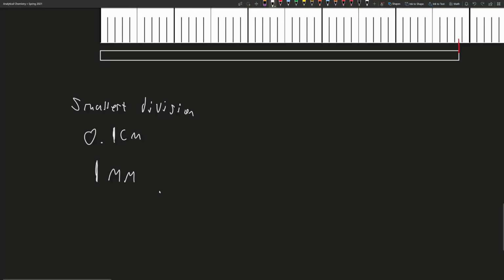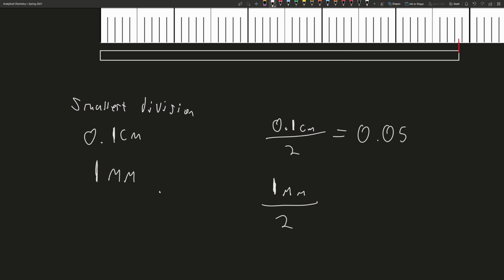Back to this. And let's say we have 0.1 centimeters. We're going to divide it by 2. And we have 1 millimeter. And we're also going to divide it by 2. We get 0.05 centimeters, and we get 0.5 millimeters.